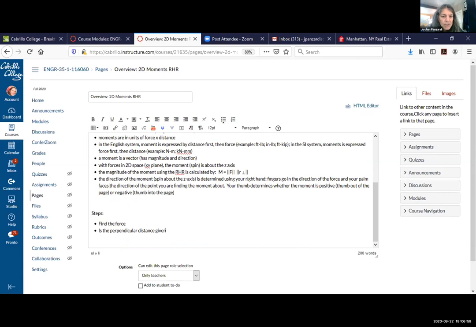Okay, is there a perpendicular distance? If no, break into components.